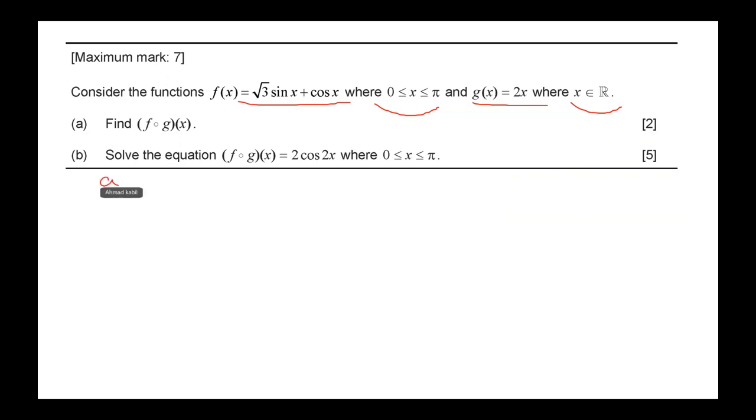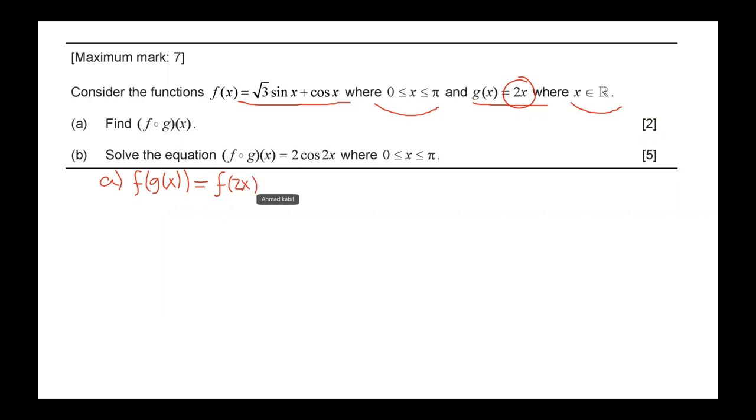I'm just going to say that f of g of x equals f of, and then I substitute g of x with the value that I'm given in the problem, which is 2x. So now, instead of f of g of x, I'm going to write f of 2x.